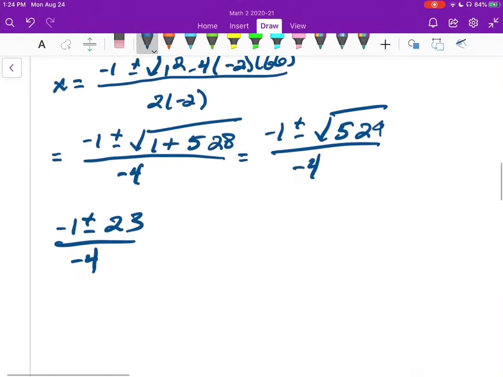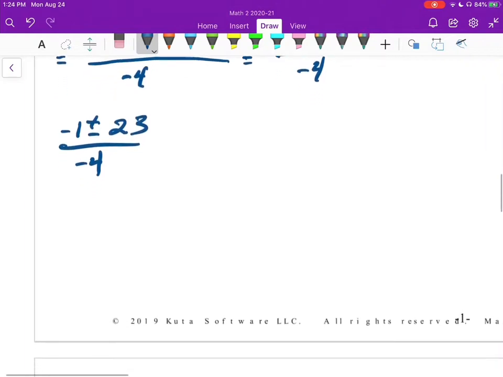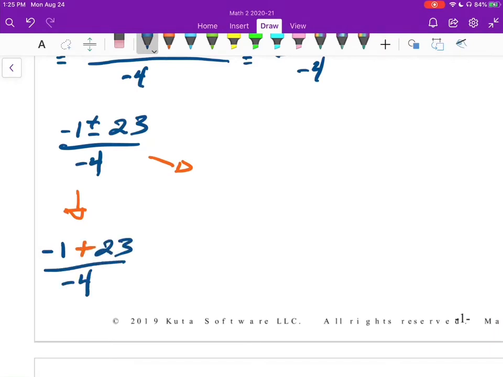Now, you could leave it this way, but whenever you get rid of the root and everything, it's kind of nice to end up with actual numbers as your answer. So I'm going to split this up into two different ones, one with a plus and one with a minus. So I'm going to say negative 1 plus 23 over negative 4, and the other one's going to be negative 1 minus 23 over negative 4, right?